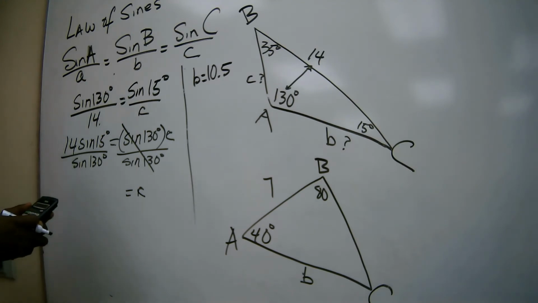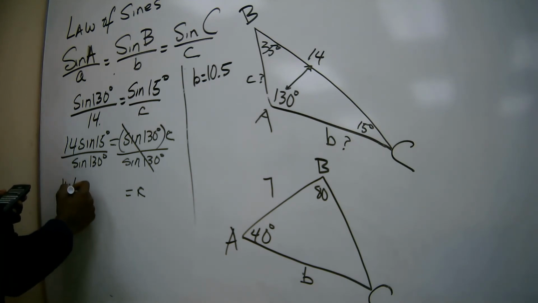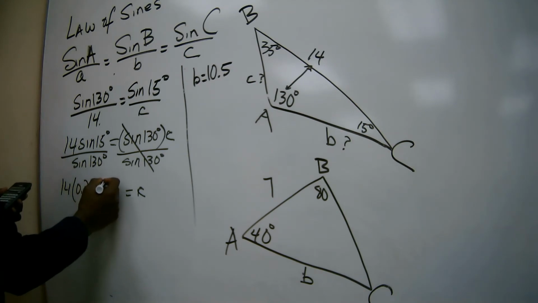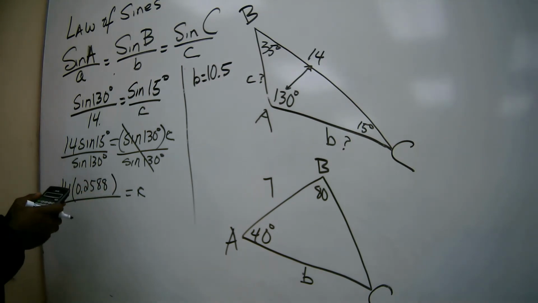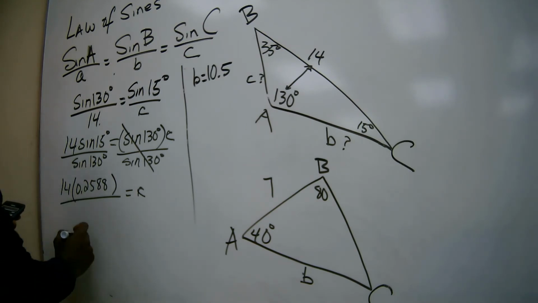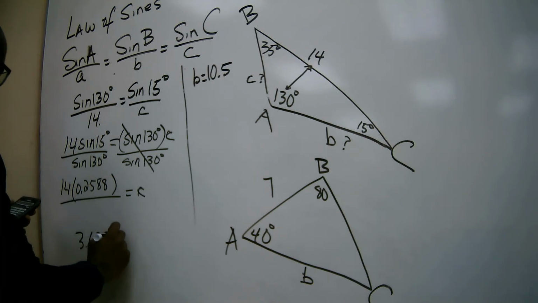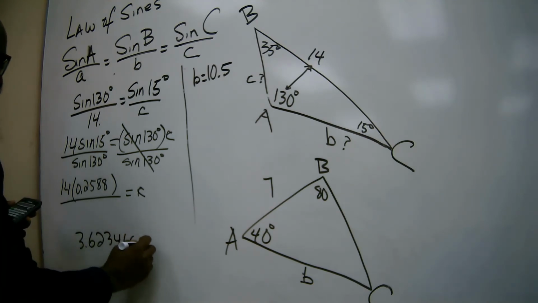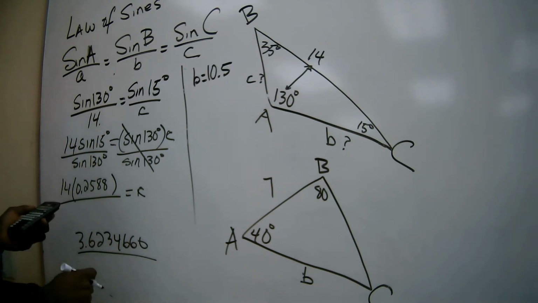Then find 14 times sine of 15, which is 0.2588. If you multiply this by 14, you will end up with 3.6234, a bunch of 6s, and divide by sine of 130.